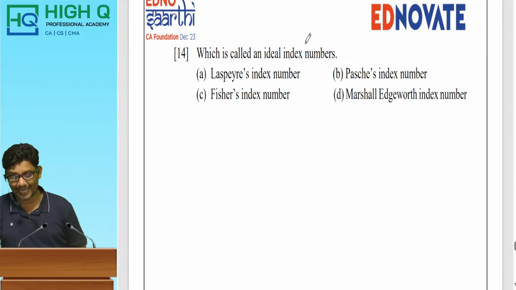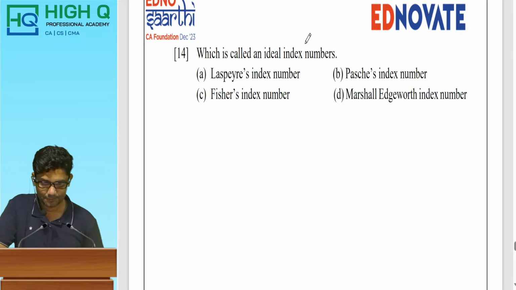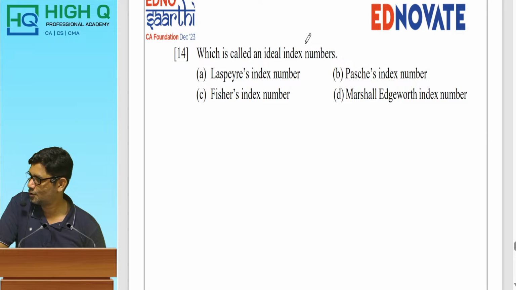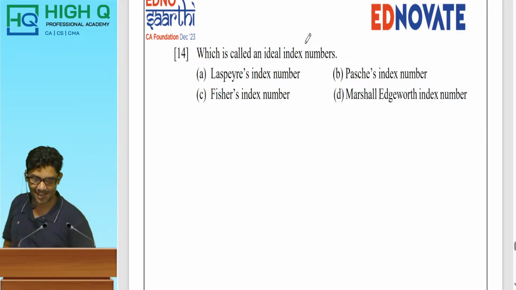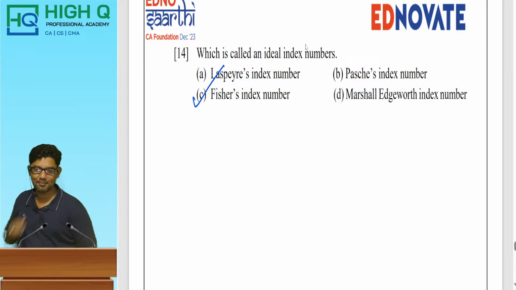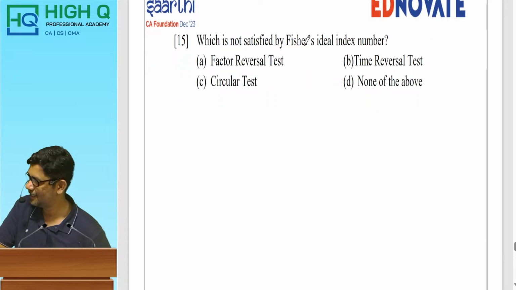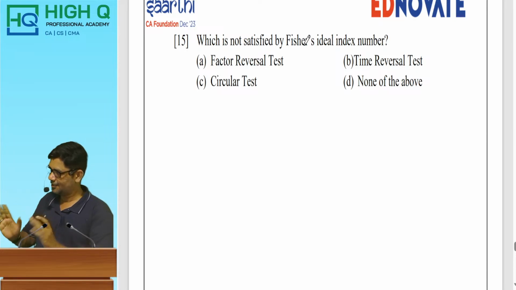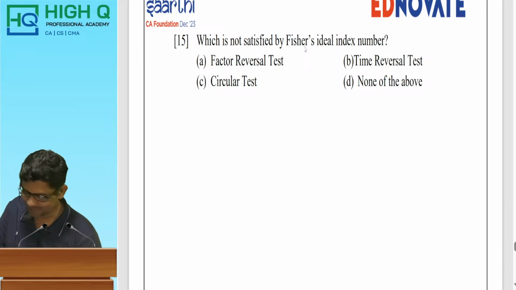Which is called an ideal index number? Fisher's index number. Very good. You kept the correct name only. So in that way I am very happy. Today is the end of the lecture, no?